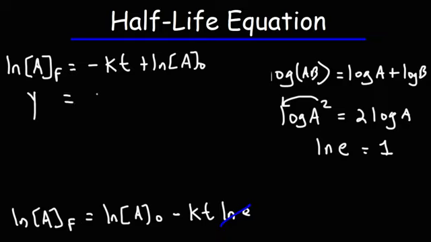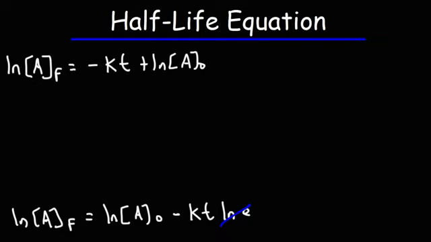This is y equals mx plus b. So the y-intercept is ln A initial. The slope is negative k. So that's for a first order reaction.